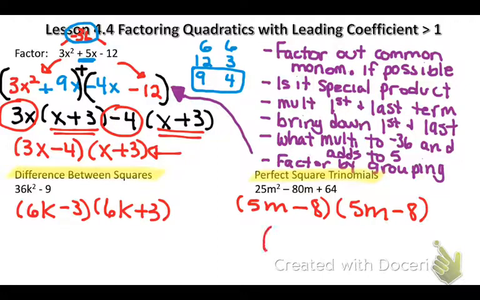Since they're the same, I can write it as 5m minus 8, and that quantity is squared. It had to be a minus because the middle term here had a minus sign in front of it. If we were to FOIL at this step, we would get back to our original polynomial.